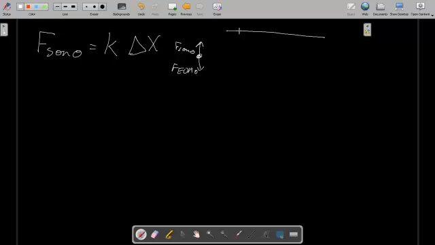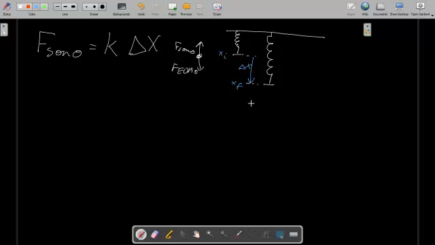And you'll see that when you have your spring with nothing on it, and then you have your spring with something on it, our displacement is actually in this direction. It started here, this is x initial, and this is x final. And notice that this delta x is downward, but our force is upward. So as you stretch out the spring, the force is exerted in the opposite direction of the stretch.